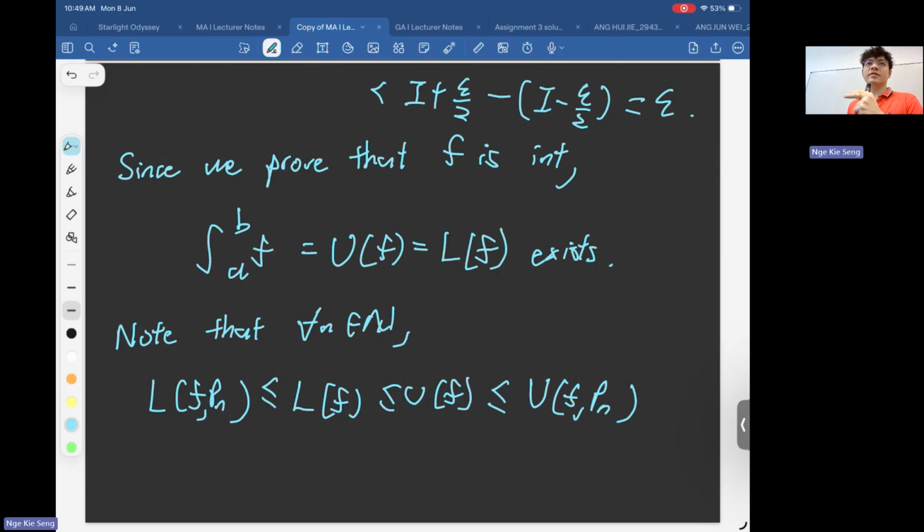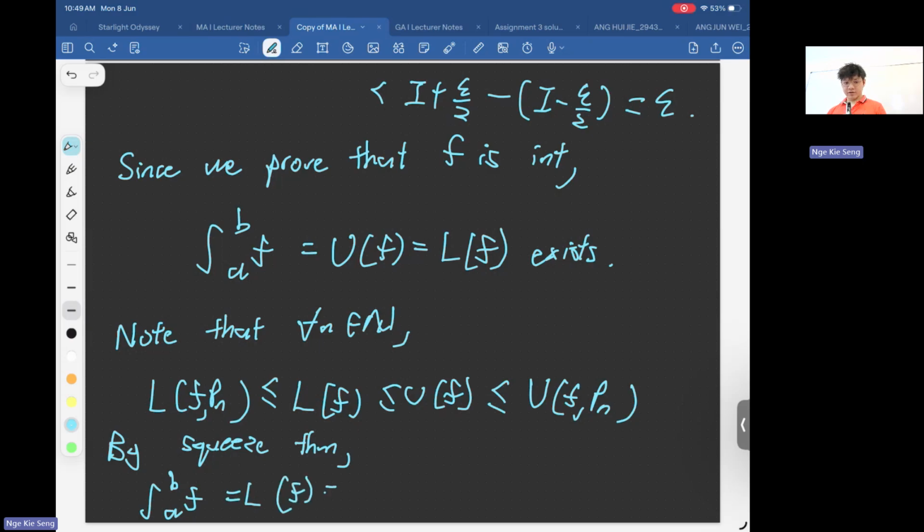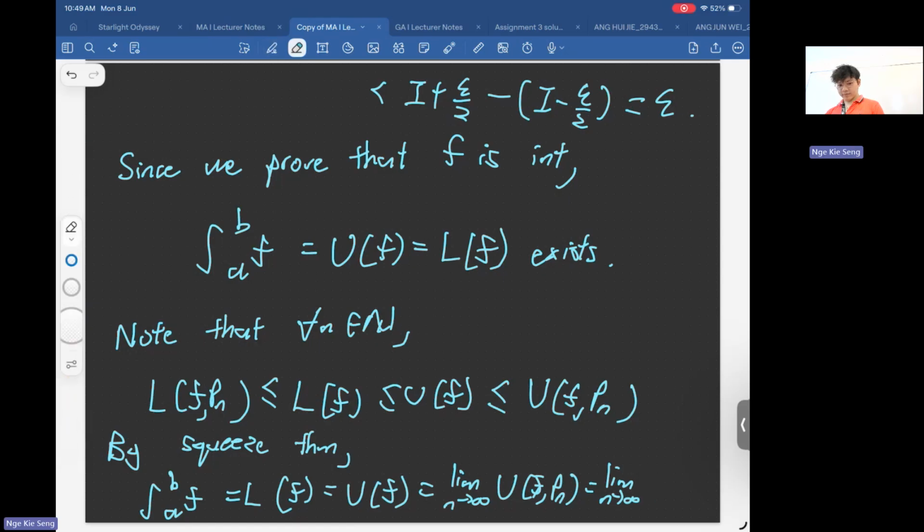By the squeeze theorem, these two have to be the same, and equal to the limit of UFPN and the limit of LFPN. So this is how you use the squeeze theorem.